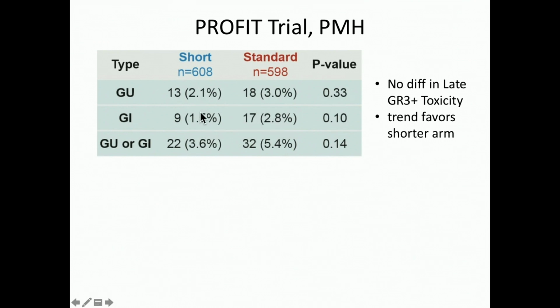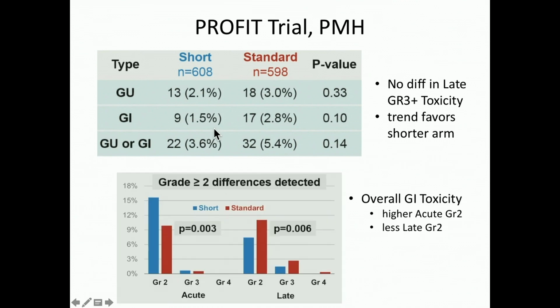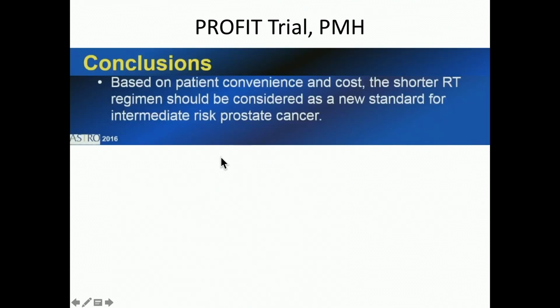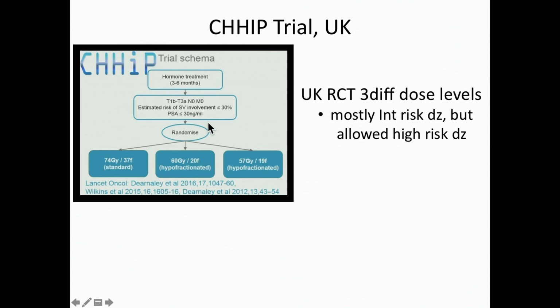The trend actually does favor the hypofractionated arm for this cohort. Interestingly, the acute GI toxicity was higher for the hypofractionated arm, whereas the late GI toxicity was lower for the hypofractionated arm from this group. And so their conclusion at ASTRO was that, based on the convenience and cost and the efficacy demonstrated, hypofractionation should be considered a new standard of care for patients with intermediate risk disease.